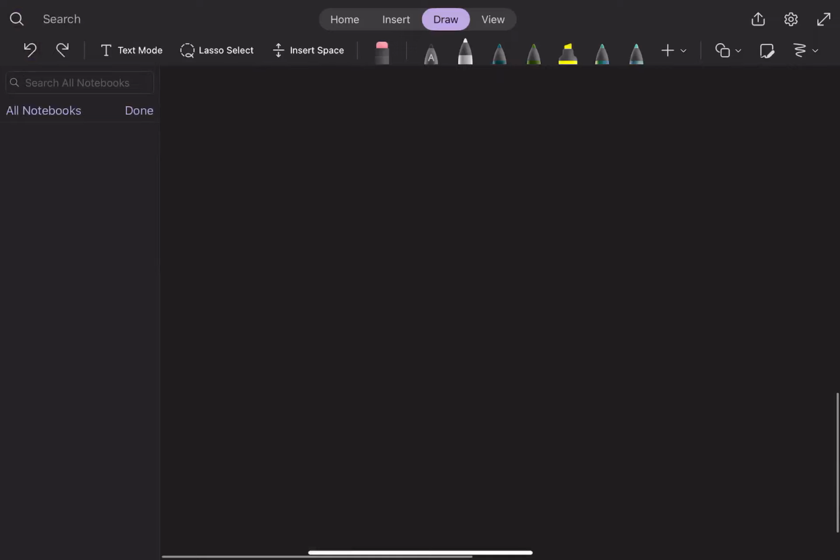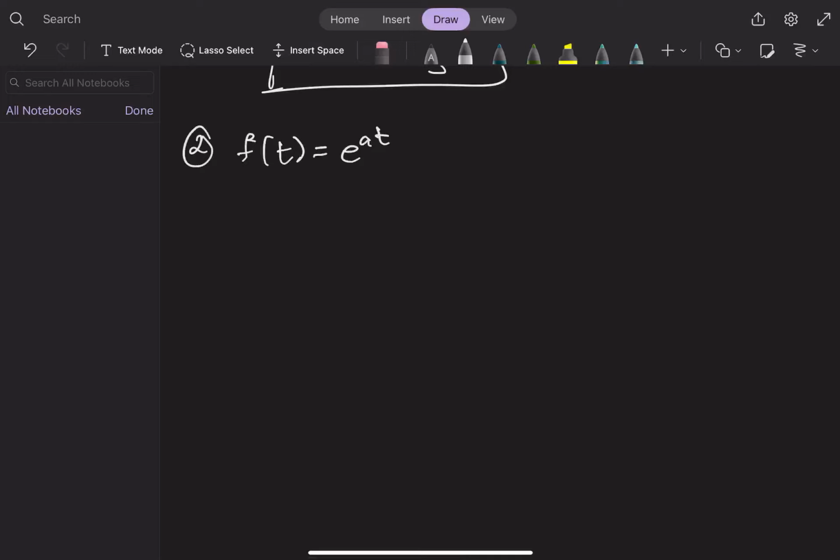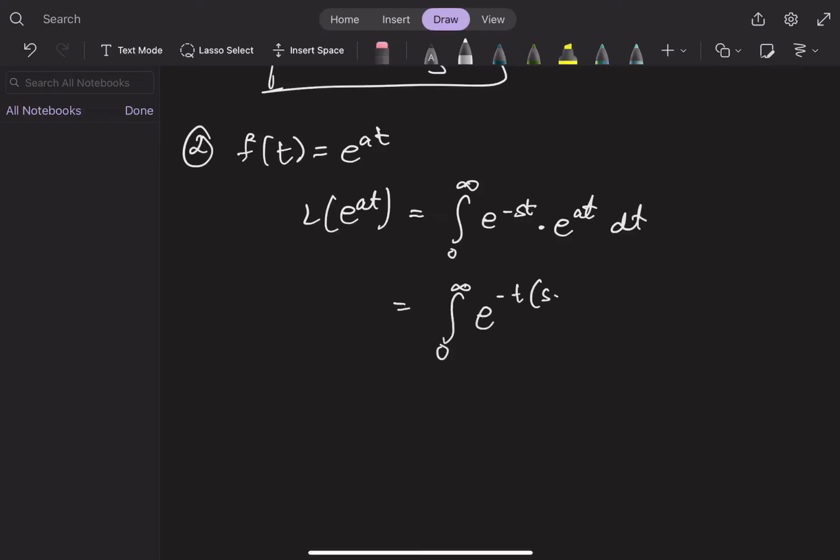Let's look at the second function. What if your f(t) is e raised to at? Laplace of e raised to at is integral 0 to infinity e raised to minus st multiplied by e raised to at dt. You can write this as, let's take out minus t as common, you get s minus a inside.